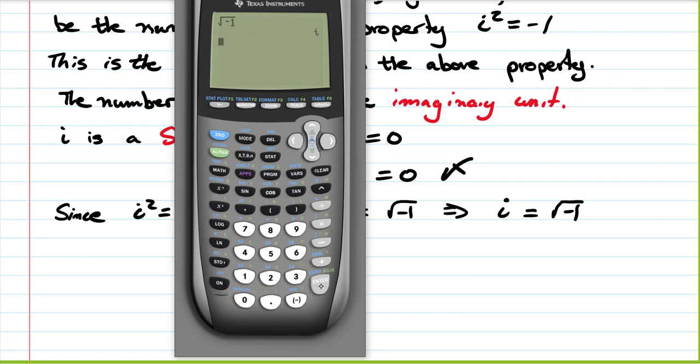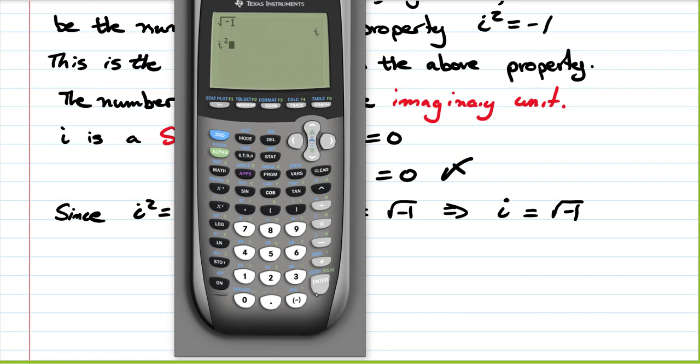So we can also find the number i on our graphing calculator. If we look down in the bottom row on our decimal point key, the secondary function is our imaginary unit i. So if I go second and my decimal point key, that puts the i on, and now let's go ahead and square it.